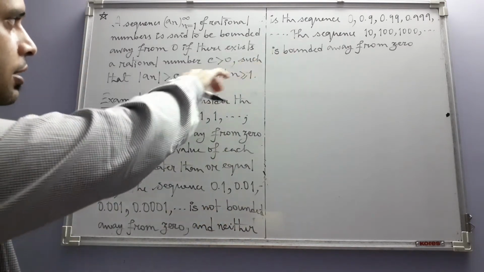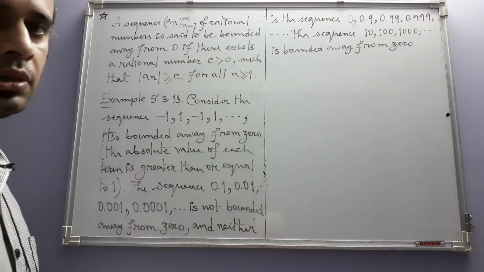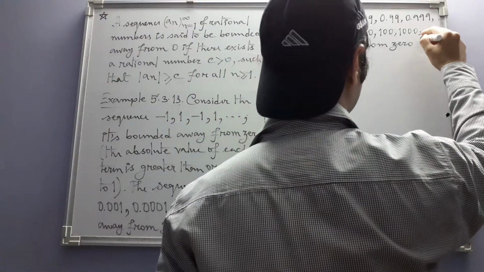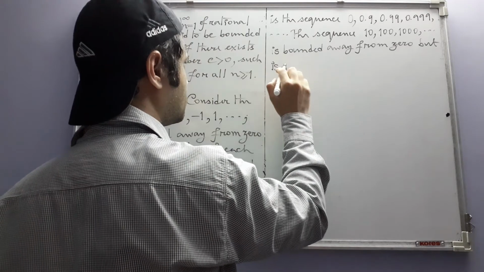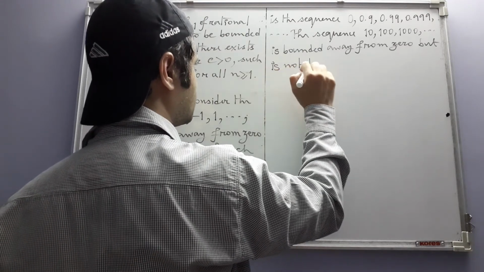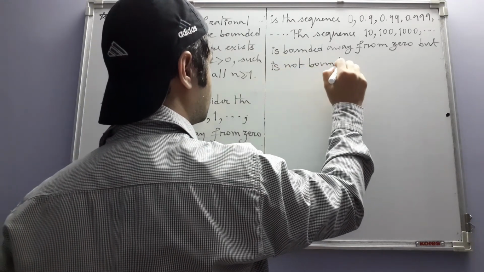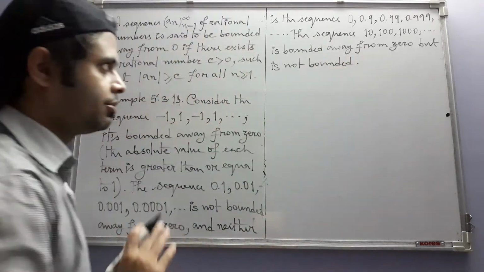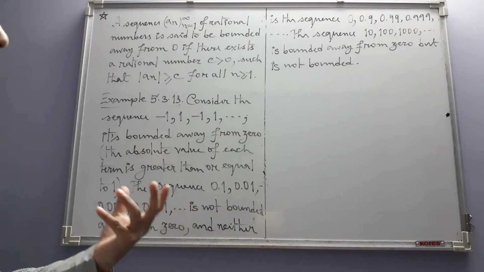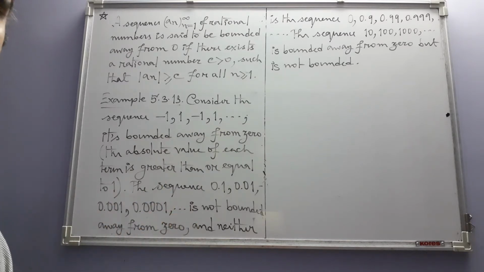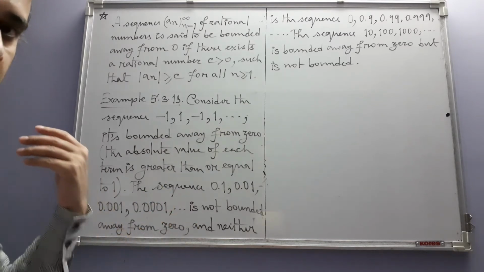So for this sequence, you can take C equal to 10. But it is not bounded. Recall the definition of boundedness. According to that definition, this is not bounded. So bounded away from 0 is one thing, and bounded is an entirely different thing.